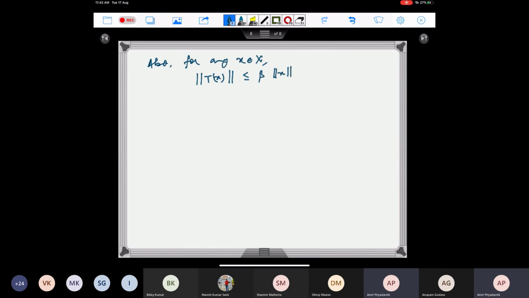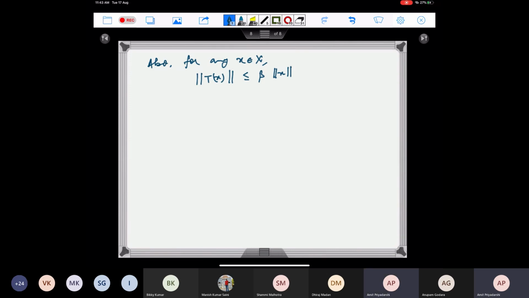Because if x is equal to 0, then of course both sides are equal. And if x is non-zero, then norm Tx by norm x is less than or equal to the supremum of all such things. So it is less than or equal to beta.